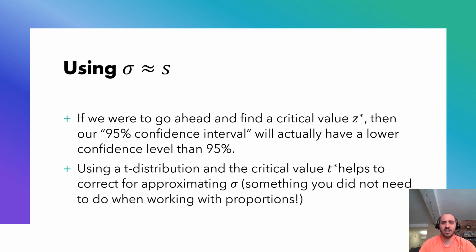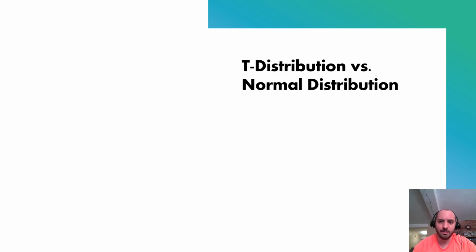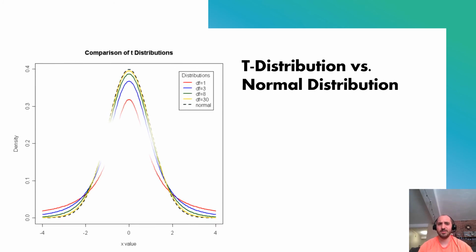And the t-distribution is what helps take into account, correcting for the fact that we're using this as an estimate. So we didn't have this issue with proportions because you didn't have to have a standard deviation, you had to estimate there. So what's the difference between a t-distribution and a normal distribution? Well, your t-distributions are just shorter, fatter versions of your normal distribution.